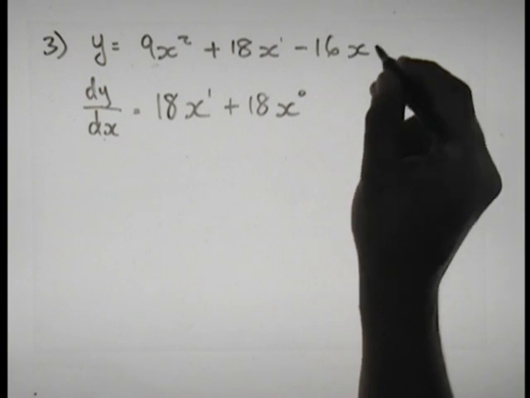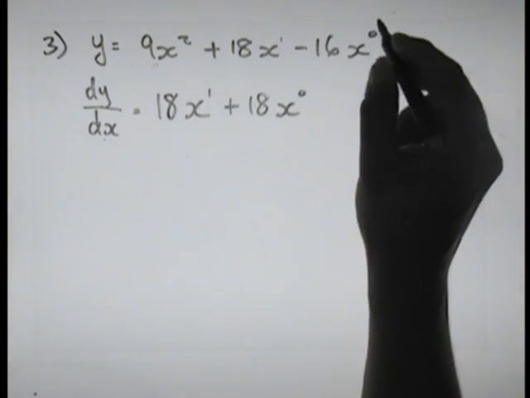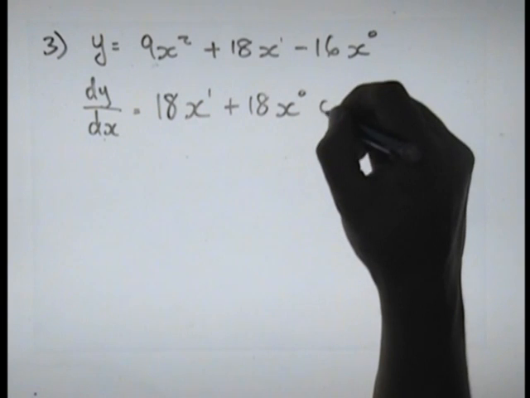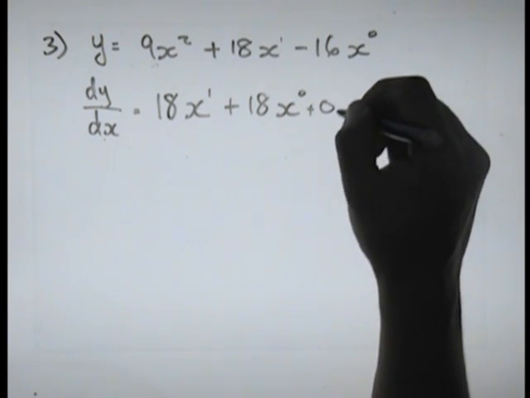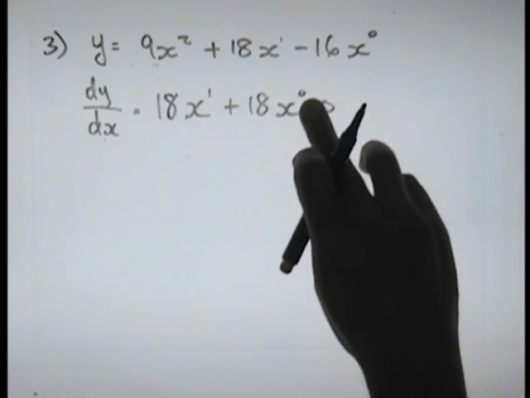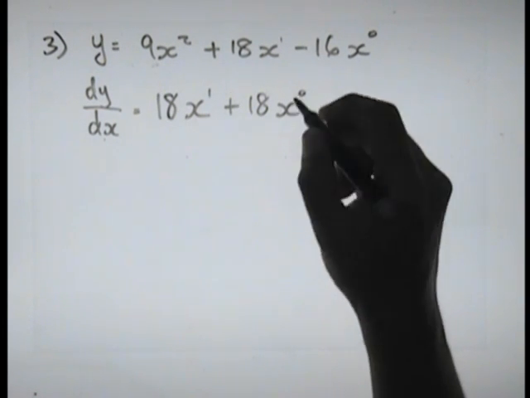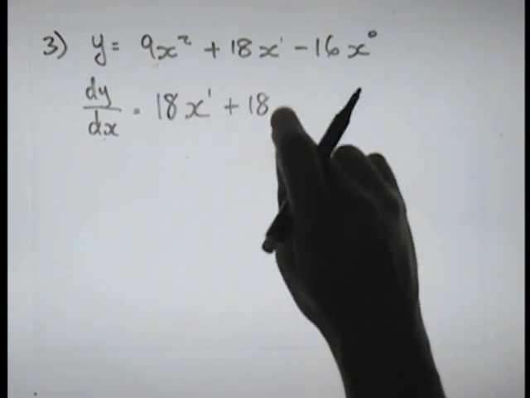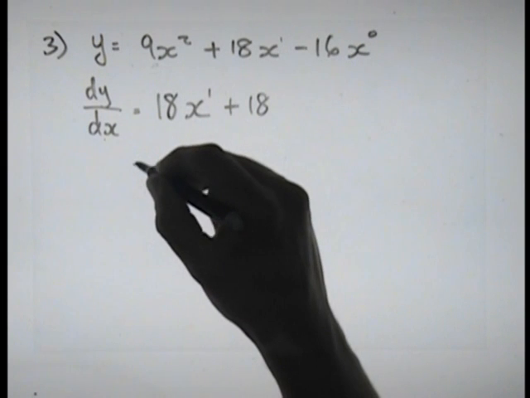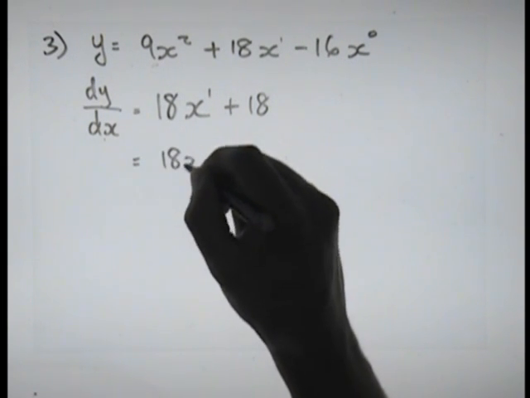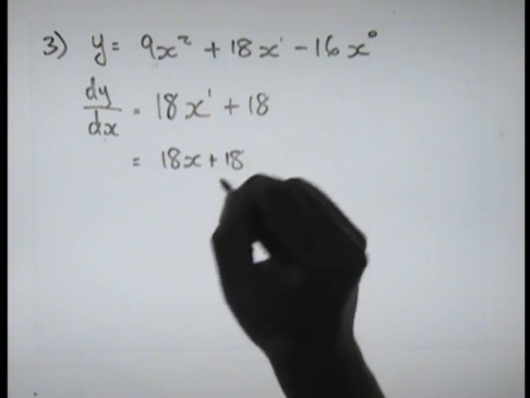Minus 16, remember that says there's 16 x to the power 0; 0 times minus 16 is 0, and 0 times anything is 0, so we don't really need to put that in. x to the power 0 is the same as 1. So our answer would be 18x plus 18.